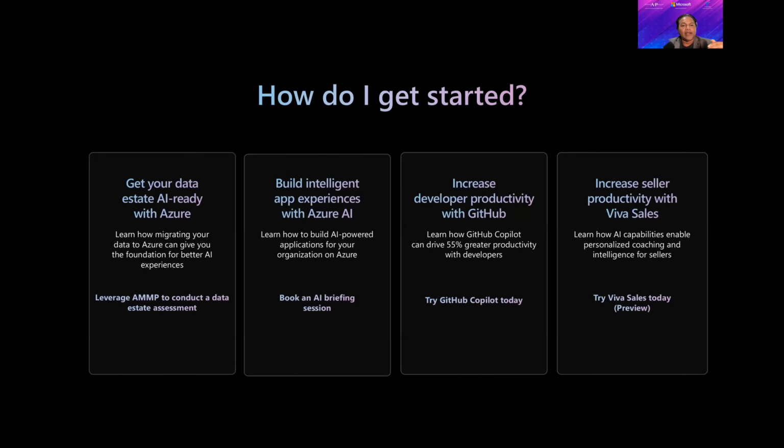Then you want to build an intelligent app experience using Azure AI. You can start using it internally to improve your internal operation productivity, like GitHub Copilot to improve developer productivity, and Copilot to improve your agents' or advisors' productivity.